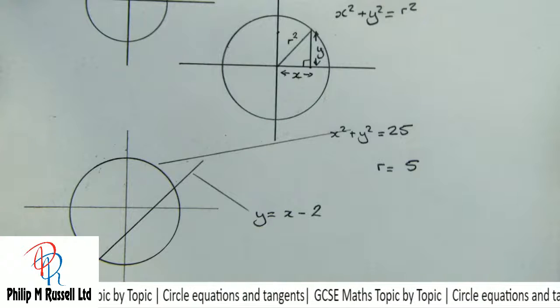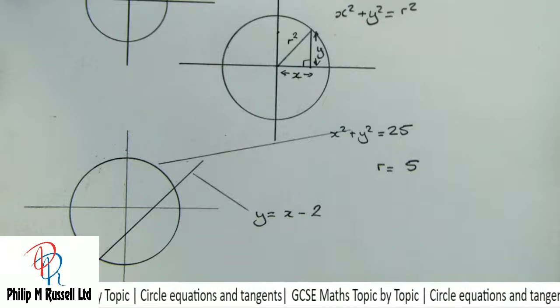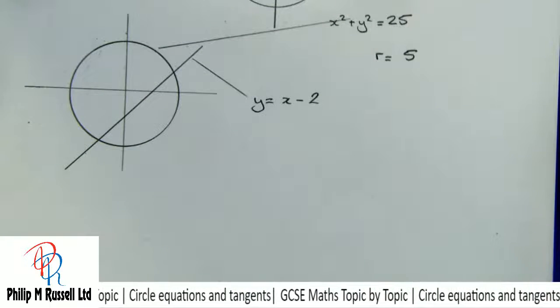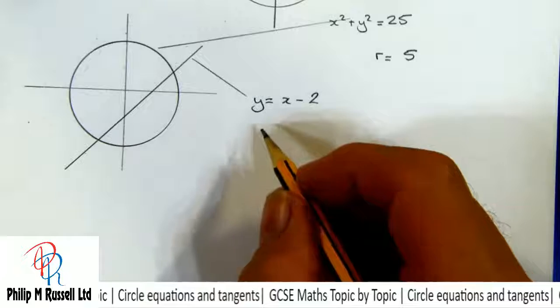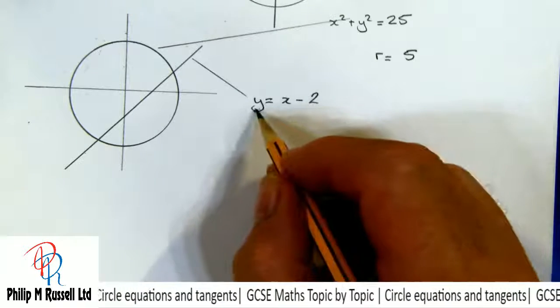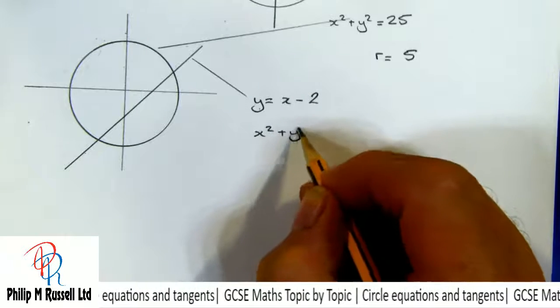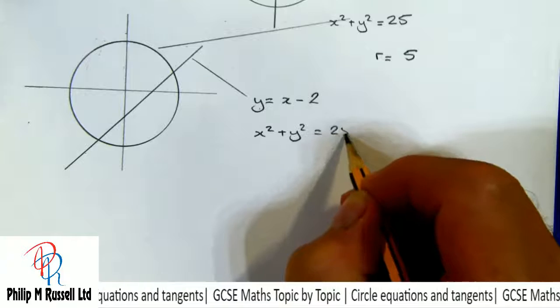What I've got to try and do is work out where the two meet. How are we going to do that? Well, we've got two equations. I've got x related to y, and I've got x squared plus y squared equals 25.